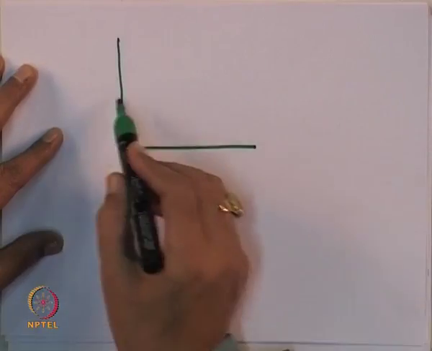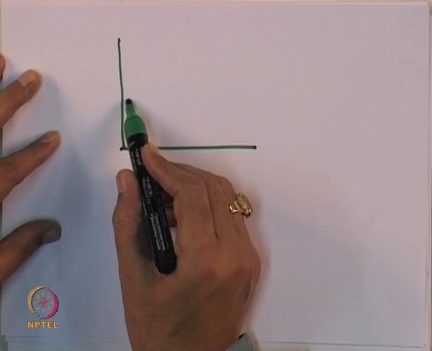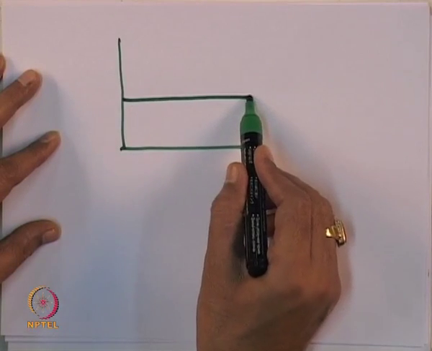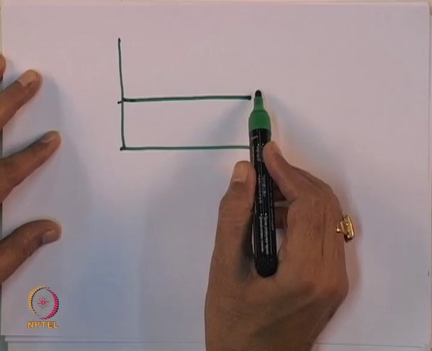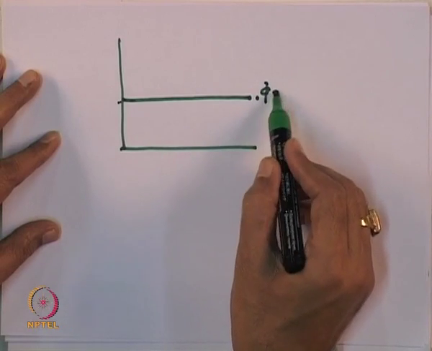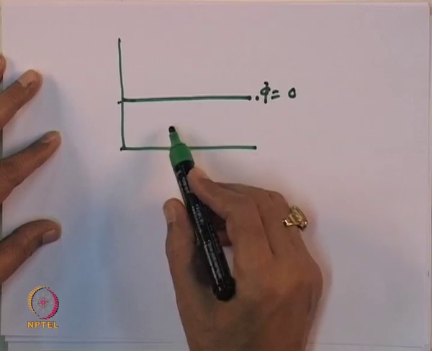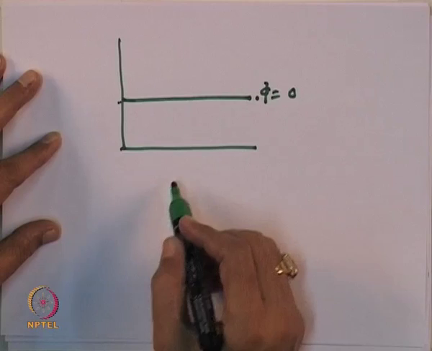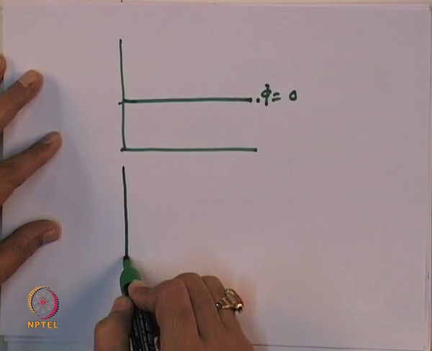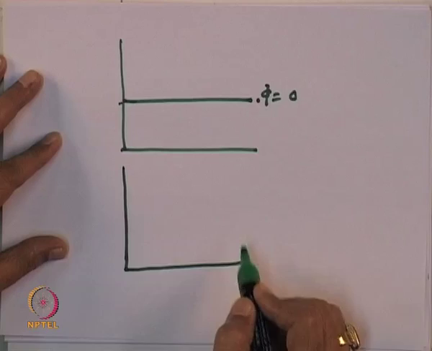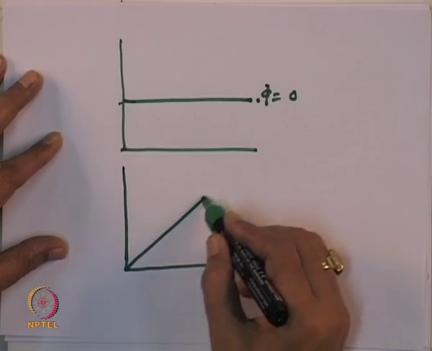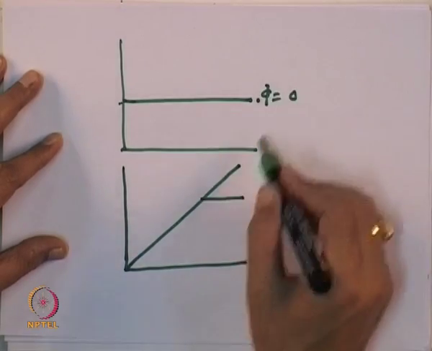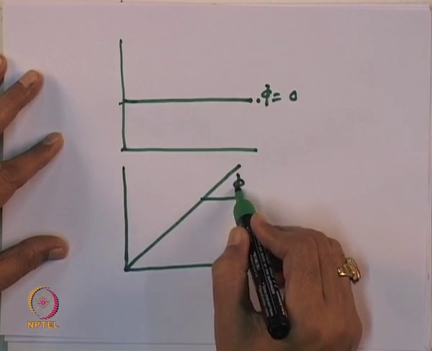So, let us say it is absolutely cohesive soil, then the line will be like this, where pi is equal to 0. This is purely clay type of soil. Or if it is, let us say, sand, then it will give only the pi value.